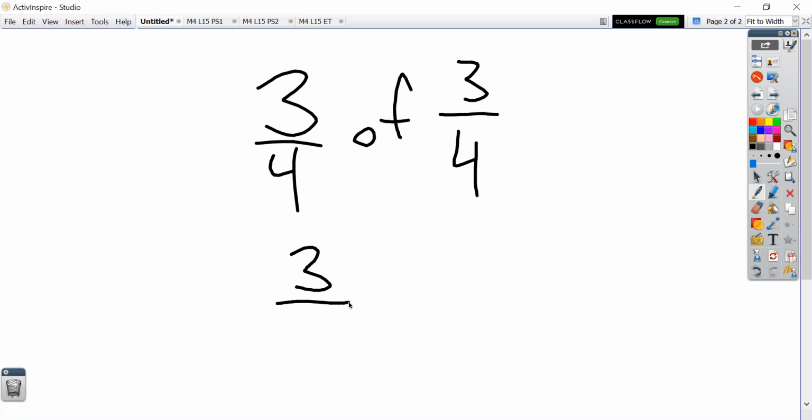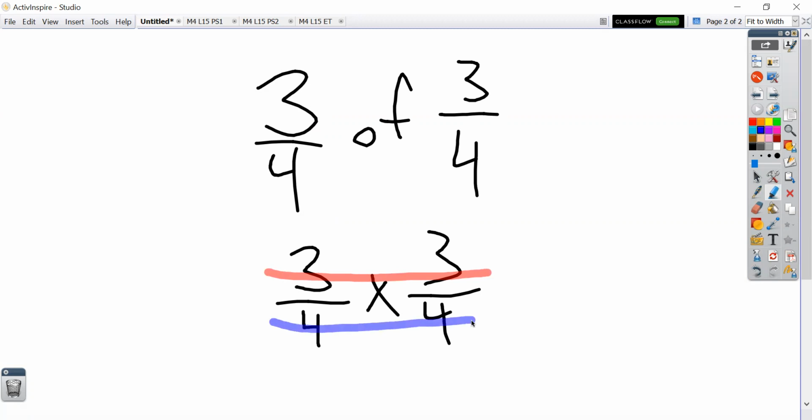Or, we remember when you ever see that, we're thinking of it like 3/4 times 3/4. We multiply the top by the top, and we're multiplying the bottom by the bottom. So that should equal 3 times 3 is 9, and 4 times 4 is 16.